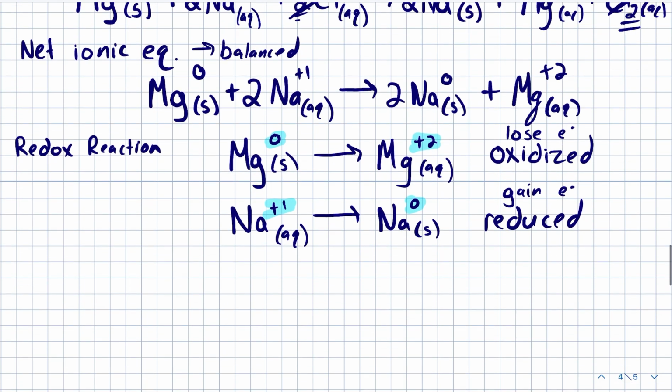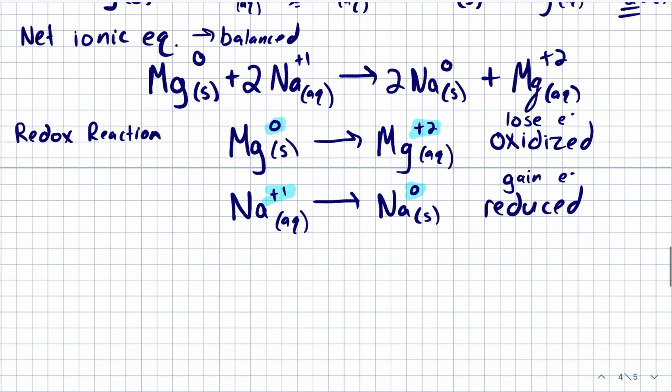And so a handy little way to remember this, if you so choose, is LEO the lion says GER. Yes, I intentionally put this little dash by a lowercase e because that's our symbol for electrons.